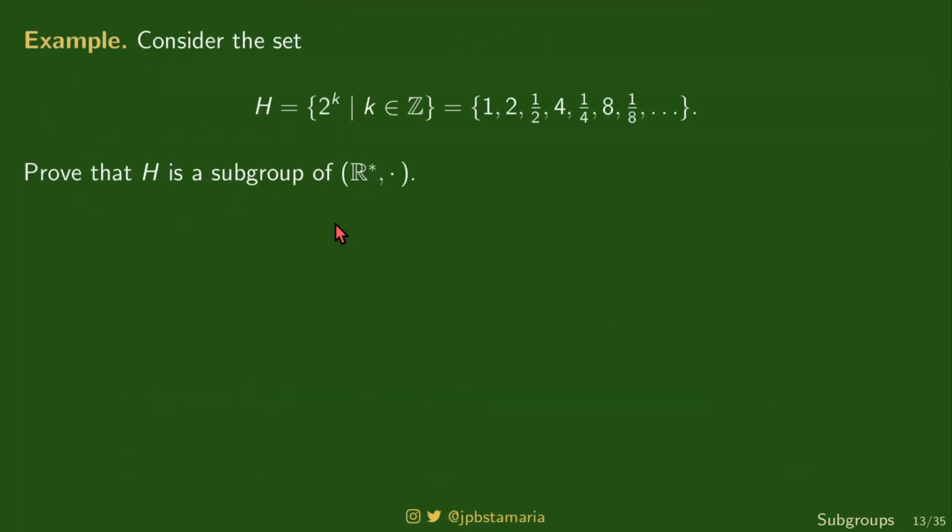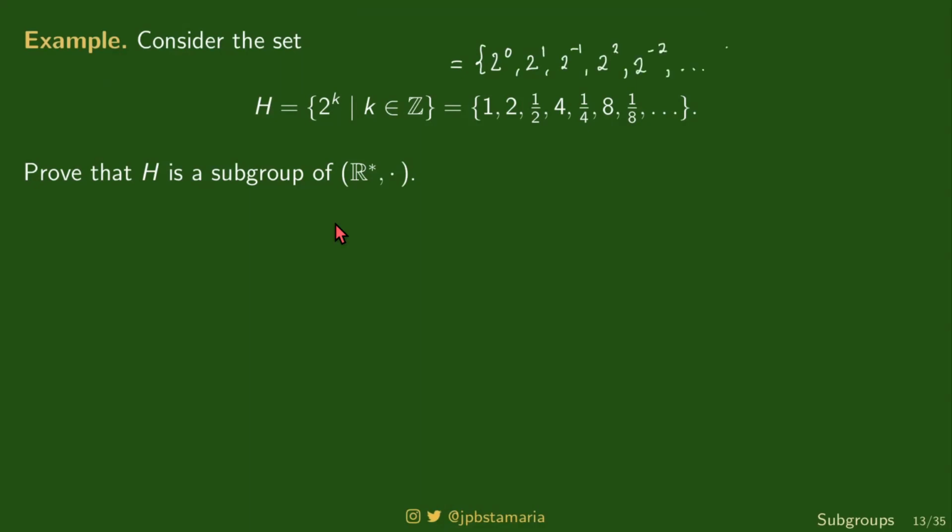Alright, let's consider another example. Consider the set H. What does H contain? H contains the integer powers of 2. When I say integer powers of 2, I mean these are 2 to the 0, 2 to the 1, 2 to the -1, 2 squared, 2 to the -2.